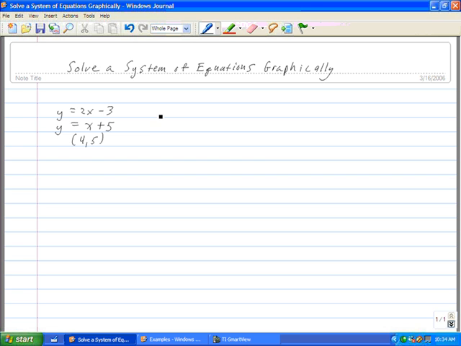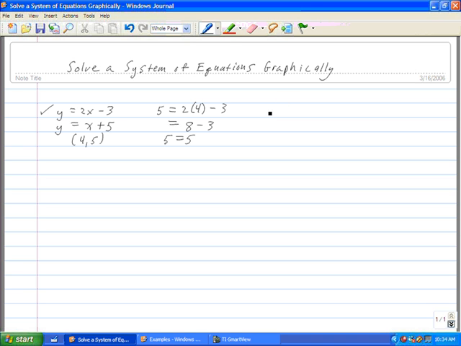We'll take the first equation, substitute a 5 in for y, substitute in a 4 for x, and what we end up with is an 8 minus 3. On our first attempt, we get a true statement. So we're seeing that it works in the first equation. But again, that's not absolute proof that it's a solution to the system.